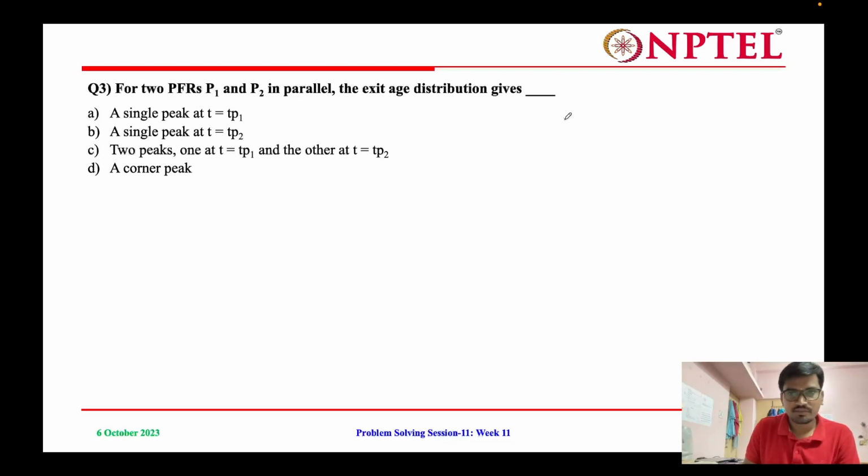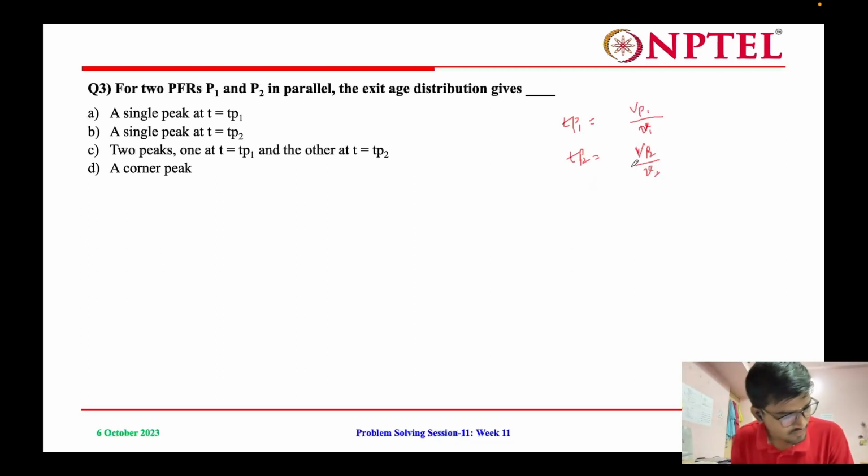One is tP1 equal to VP1 divided by v1, and the second tP2 equal to VP2 divided by v2. Here v1 and v2 are the volumetric flow rates in the P1 and P2 reactors. So the option is C.